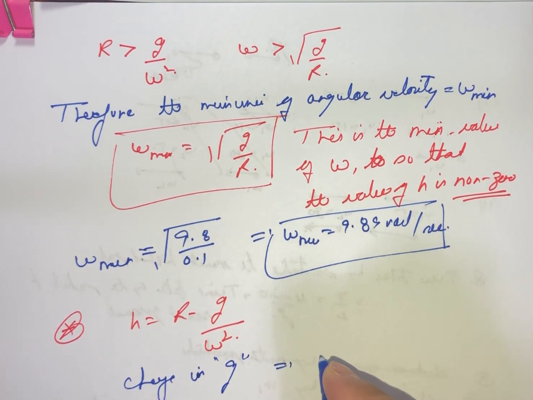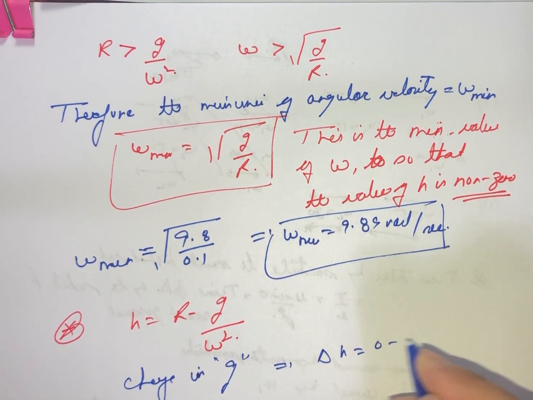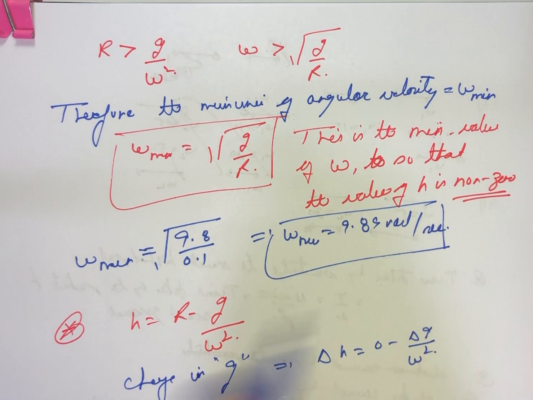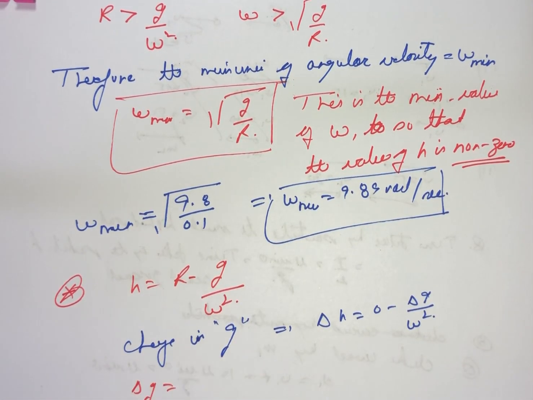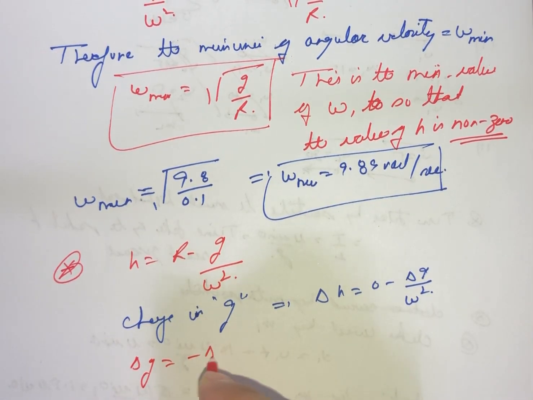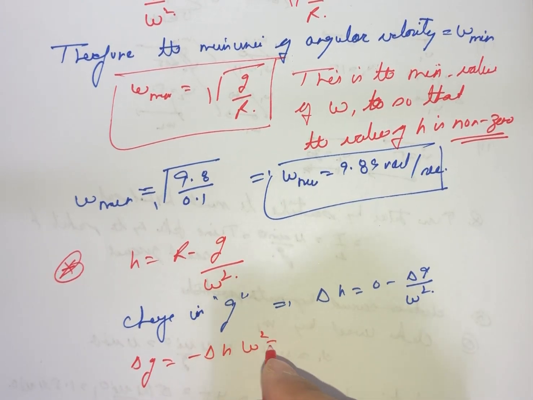The change can be written as delta h is equal to 0 minus delta g upon omega square, and from here delta g is equal to minus delta h multiplied by omega square.